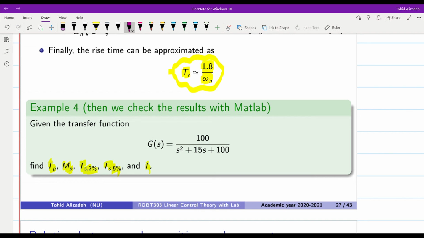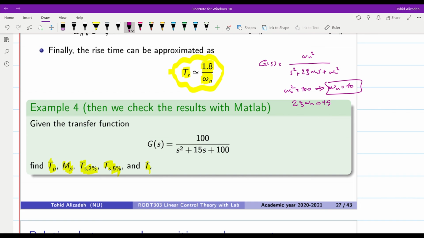If we compare this with the general expression that we have for a second order system, we can see that ω_n squared is equal to 100, therefore ω_n is equal to 10, and 2ζω_n is equal to 15.